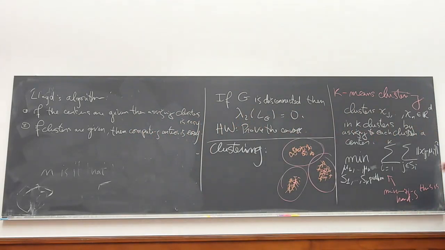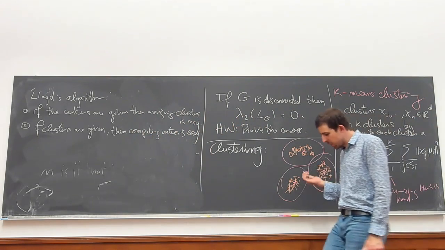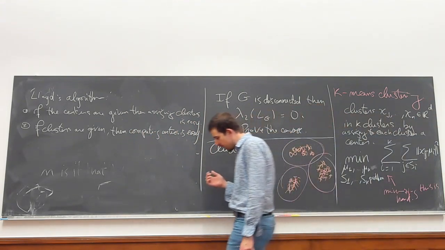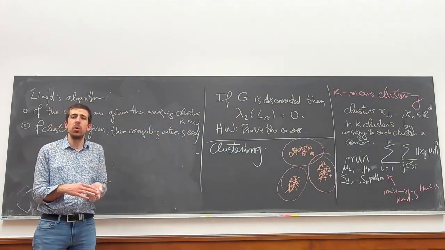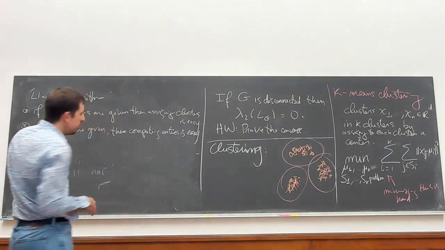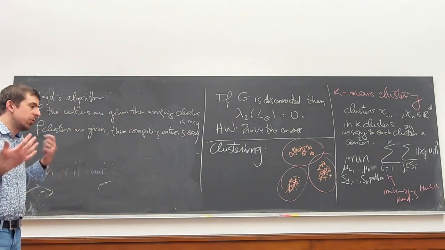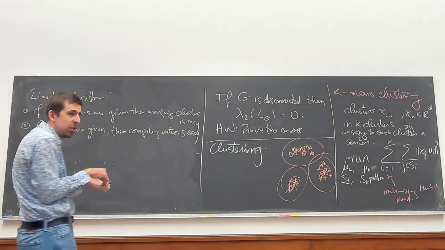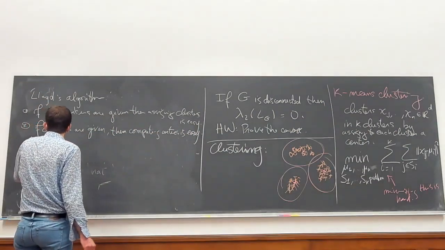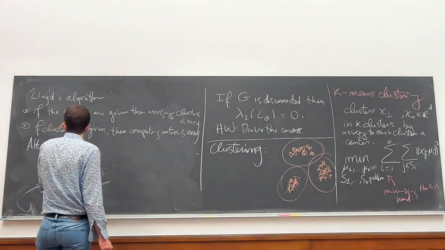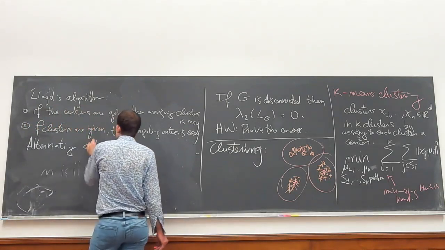Because if you have the clusters already done, all you have to do is minimize the sum of the squares of the distances of all the points to the center. And this is actually the mean of the points. So given these two observations, a very trivial, naive algorithm would be to just do alternating optimization between the two.